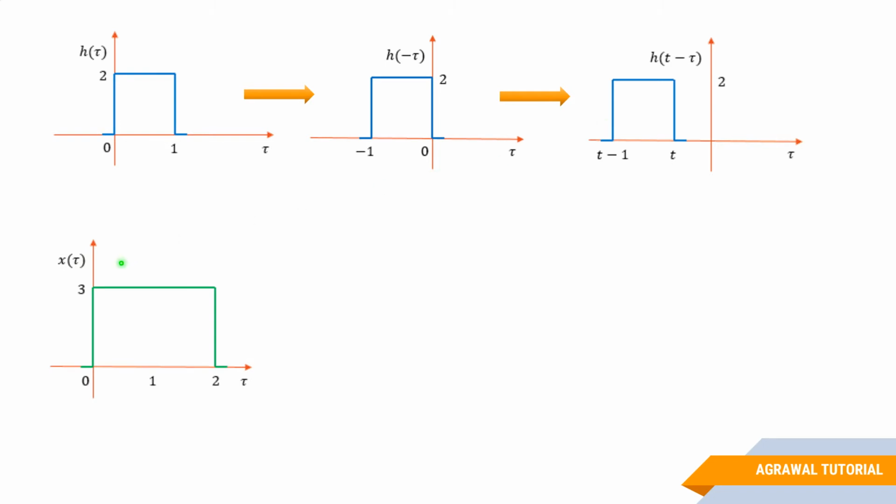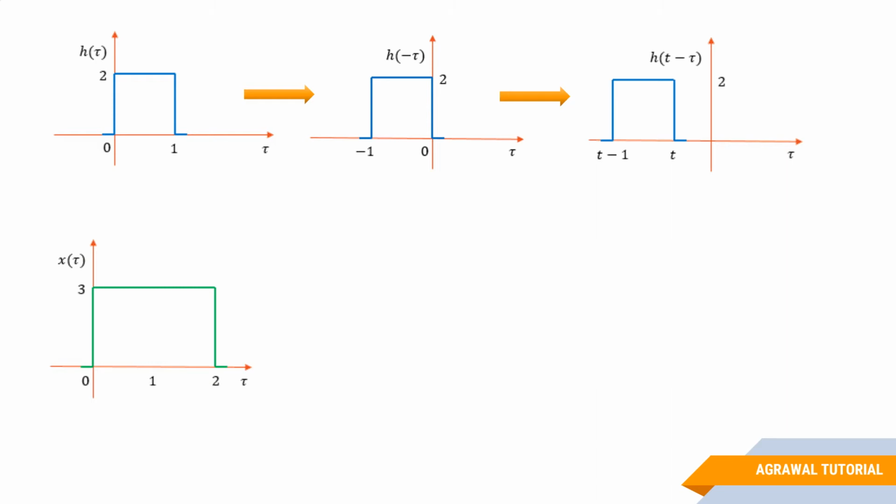Okay, so now we have h of t minus tau and the input as x of tau. Now, by the definition, convolution is the integration of these two over a time period from 0 to t. And we have to find the overlapped area between these two functions over the time period from 0 to t.